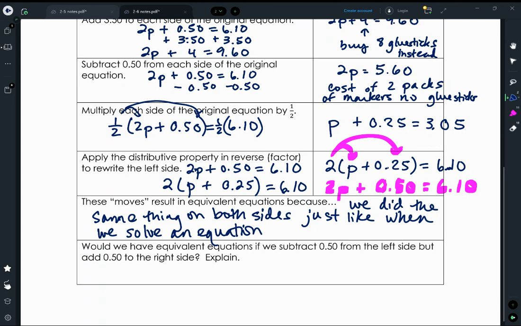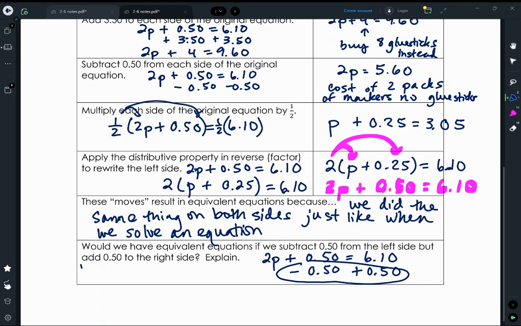So what if we subtracted 50 cents from the left, but added 50 cents on the right? So let's look at that. So if I have 2p plus 50 cents equals 6.10, sometimes I just need to see it. It says we subtract 50 cents from the left, but we added 50 cents on the right. Okay, so what I can see here is I'm not doing the same thing on both sides.